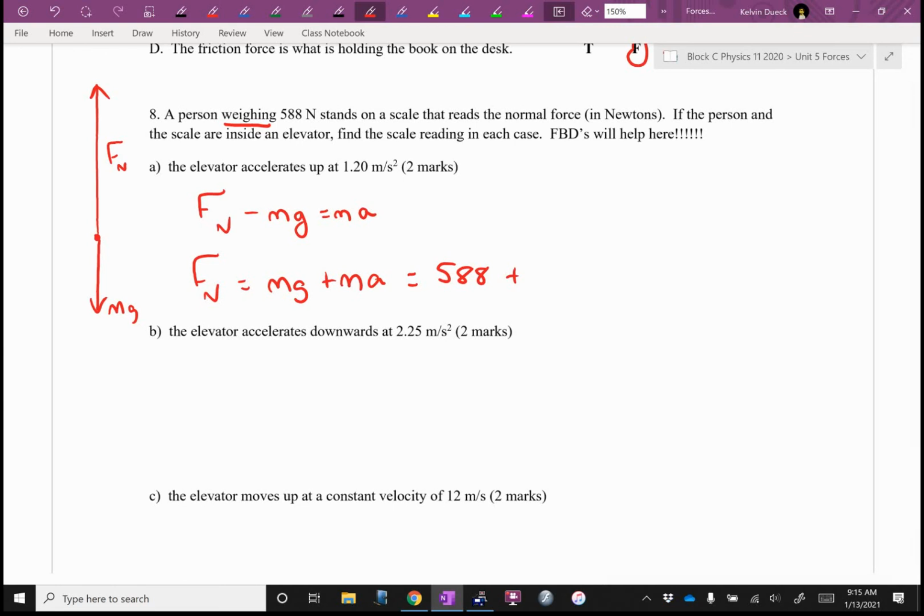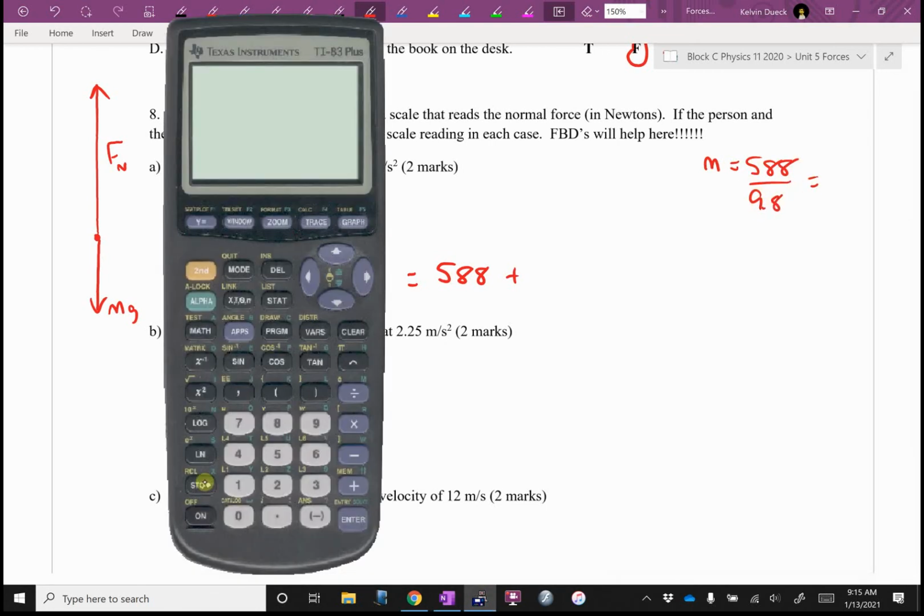Sorry? How'd you figure that out? So you went over here somewhere, m is going to be 588 divided by 9.8. 60?